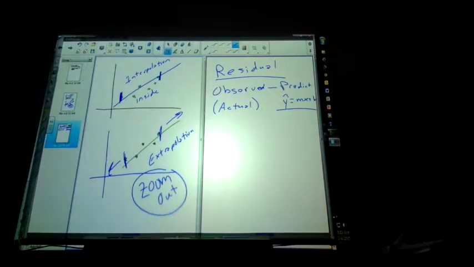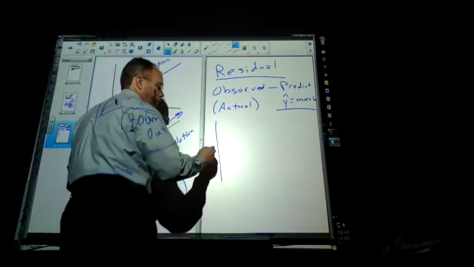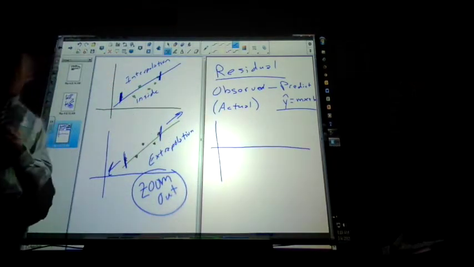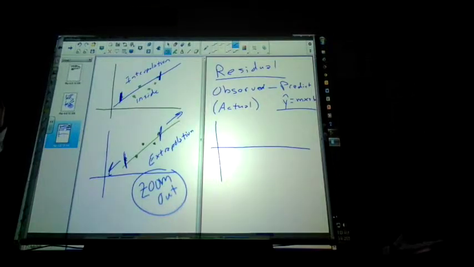Okay? So a residual is going to tell us what our data is doing. So we have the R that says, hey, if it's above 0.7, it's good data. The residual is just another tool that we could use in order to do it. A residual graph looks a little bit different than your plotted graph.